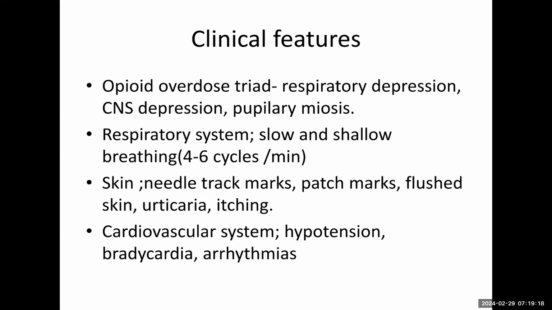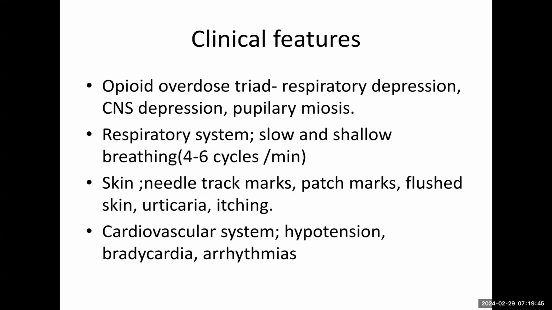In some cases, you might even have mydriasis. In the respiratory system, you have slow and shallow breathing, 4 to 6 cycles per minute. For the skin, you can have needle track marks, patch marks, and flushing. Some opioids lead to histamine release and cause urticaria, itching, and flushed skin.